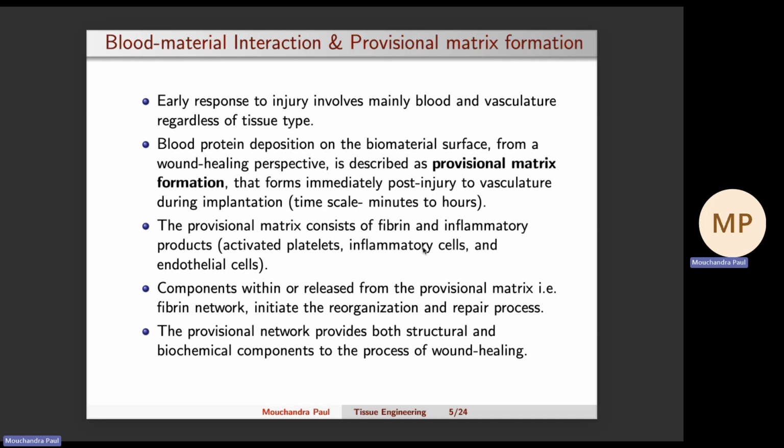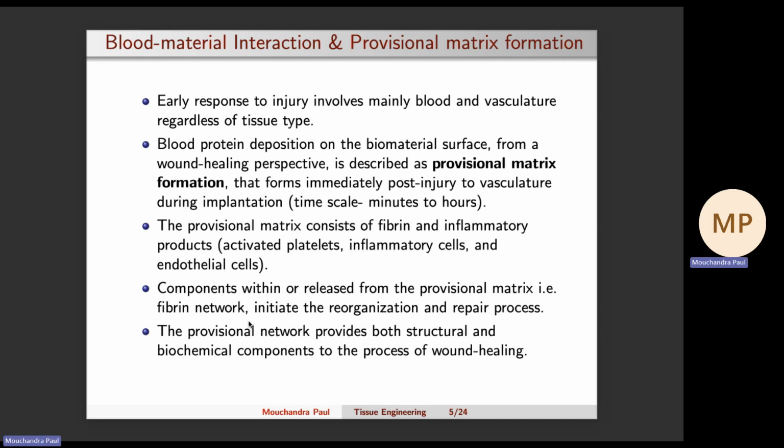So these components, basically I'm referring to the cells, have the ability to secrete and release various kinds of signaling molecules. These signaling molecules will be helpful in initiating the reorganization and repair process.